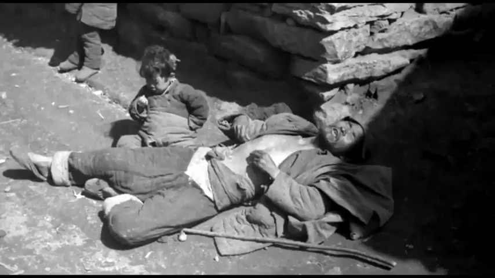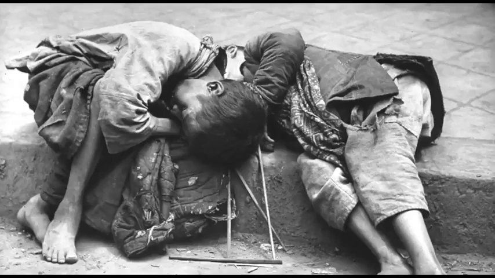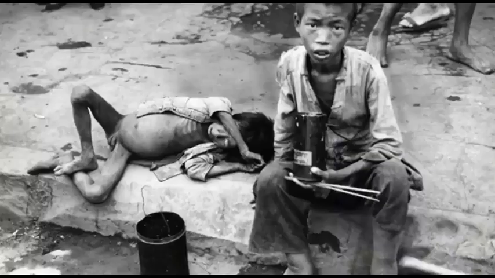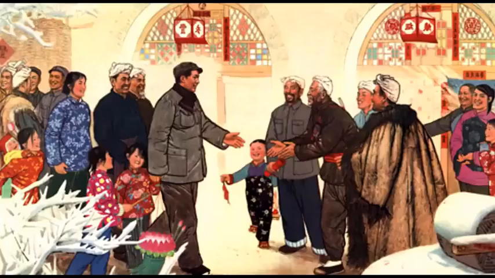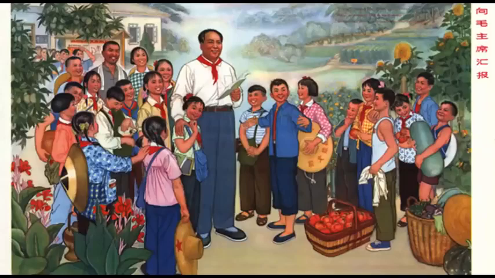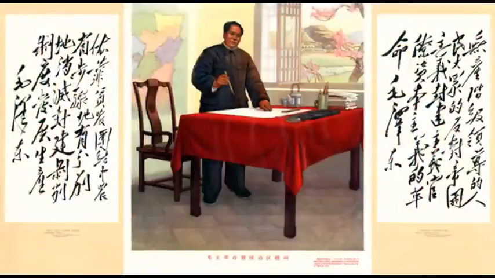What happened here? Let me give you an example. So you have Mao, psychopathic killer, responsible for millions of deaths. But to hide all this, you create a propaganda Mao, the completely opposite of the real Mao.